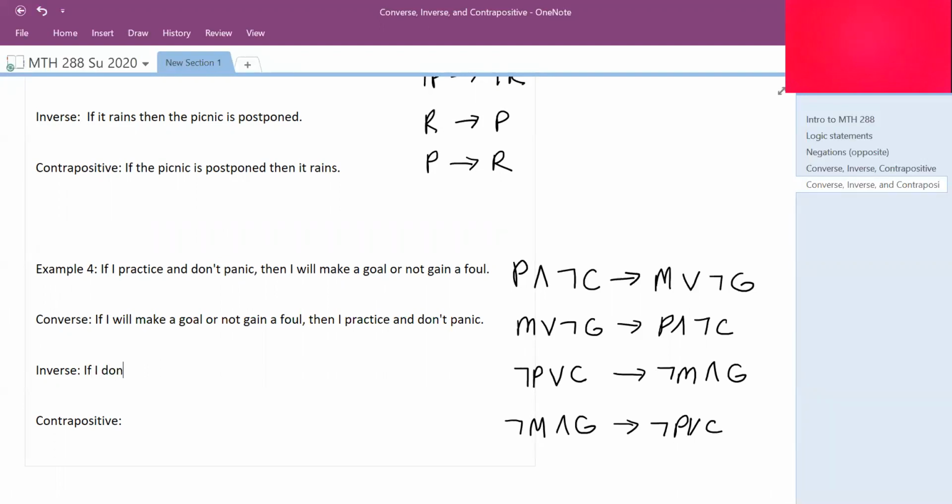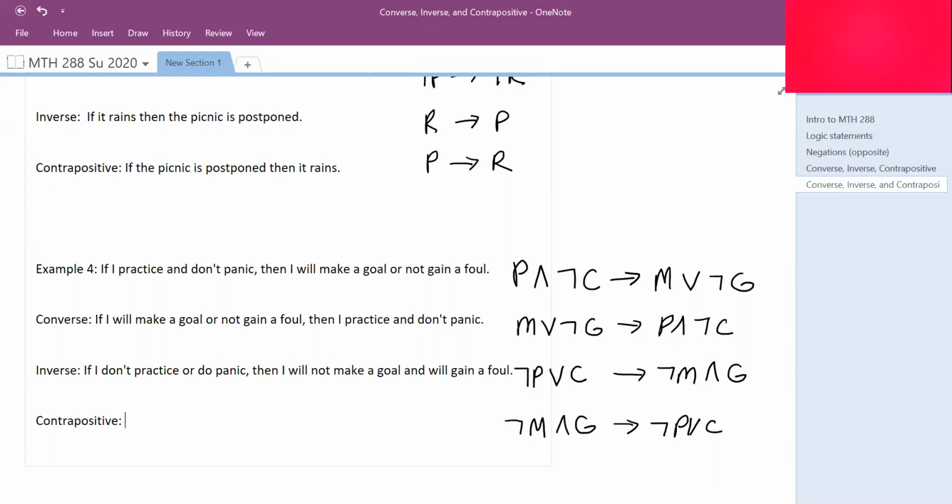If I don't practice or do panic, then I will not make a goal and will gain a foul.